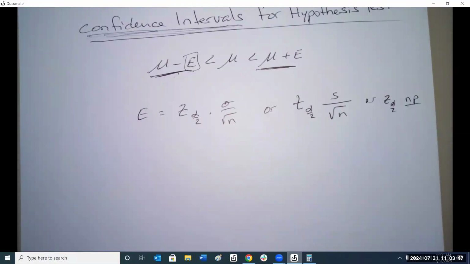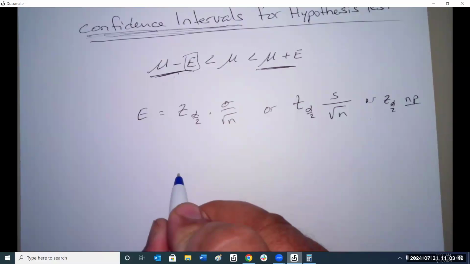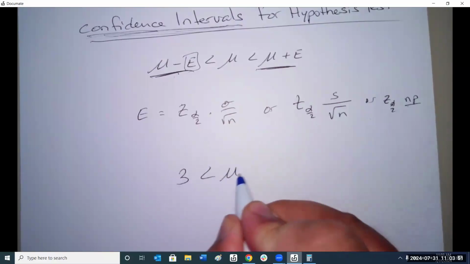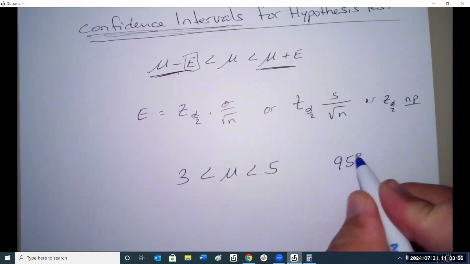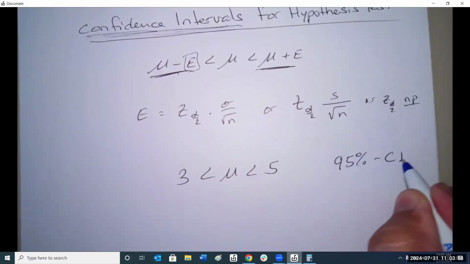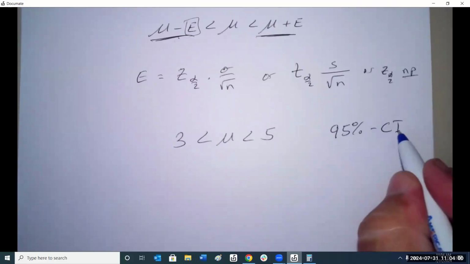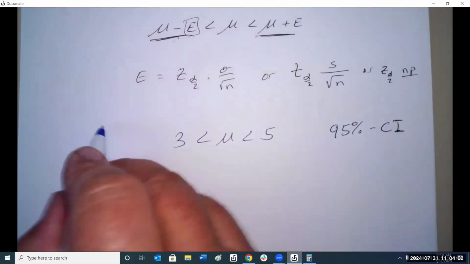So if I said this, and I'm doing a 95% confidence interval, what does all this stuff mean?